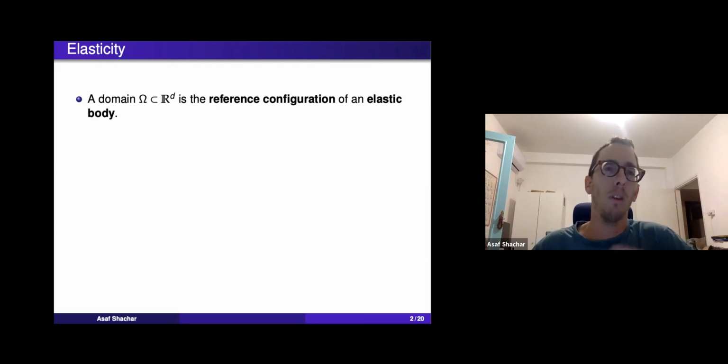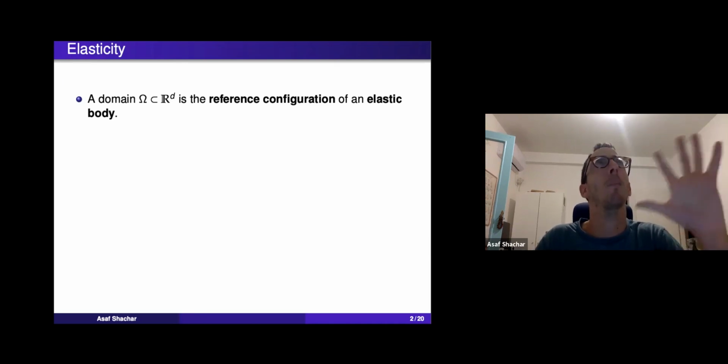And this domain, we think of it as the reference configuration of the body. So the body is a subset of Euclidean space, or equivalently, it comes with a preferred embedding inside Euclidean space, of the same dimension as the body.